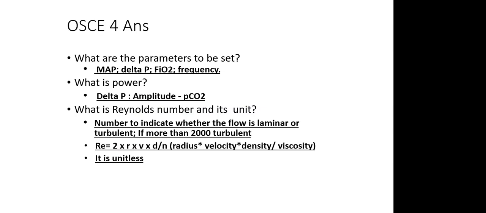Power is whatever is used for setting your delta P or amplitude. Reynolds number indicates whether the flow is laminar or turbulent. If it is more than 2000, then it indicates turbulent flow. It is a unitless number, derived by 2 into radius into velocity into density divided by viscosity.